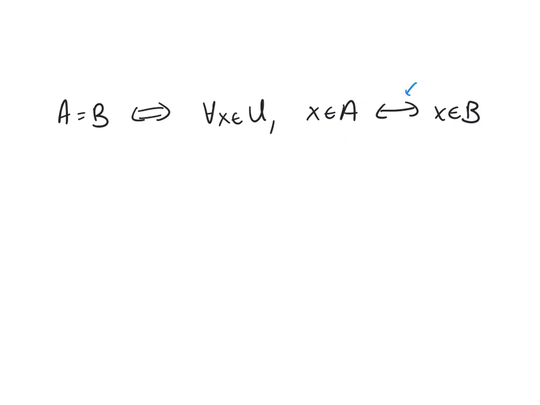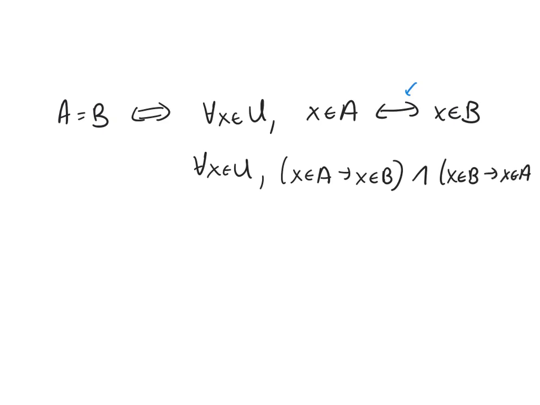So I could think of this as saying, for all X in U, what it really means is if X is in A, then X is in B, and if X is in B, then X is in A.